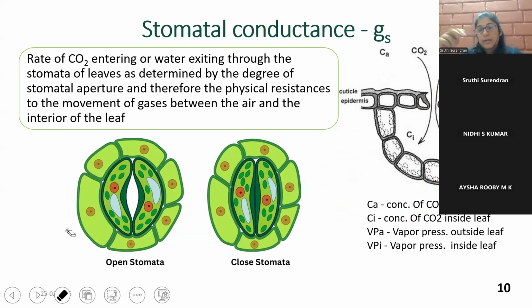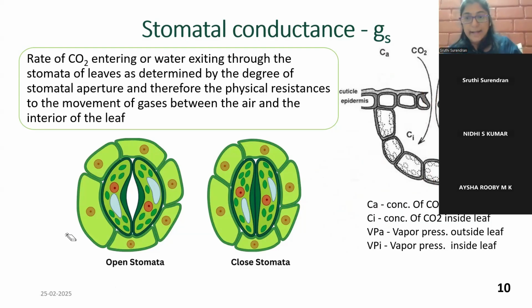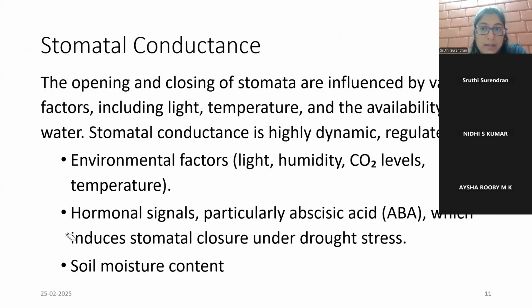So these two, the carbon dioxide concentration gradient and the vapor pressure deficit, are what control the movement of carbon dioxide inside and of water vapor outside the leaf respectively. Now, the stomatal conductance is affected by a lot of factors.